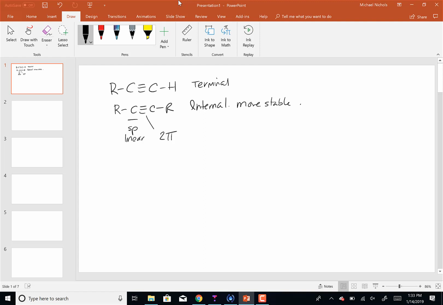Okay, but when we first start with, say, how do you make a triple bond? Most textbooks start with saying, I can make a triple bond by taking a terminal alkyne, reacting it with a base. And if I do that, my base will deprotonate my hydrogen to make what's called an alkynyl anion.